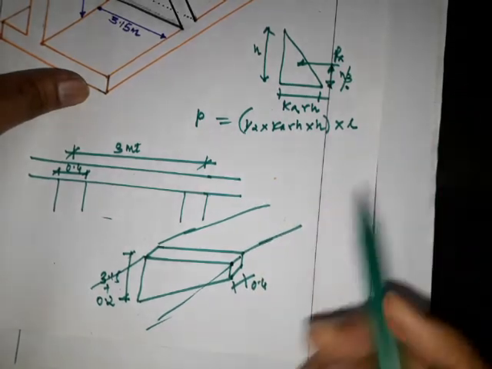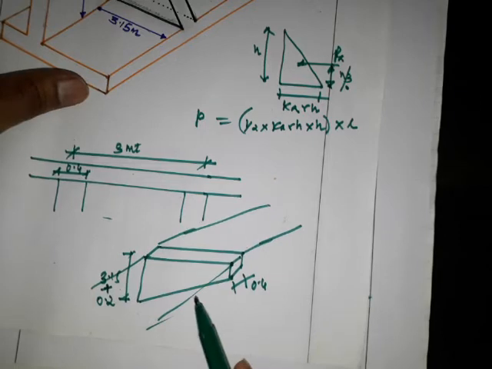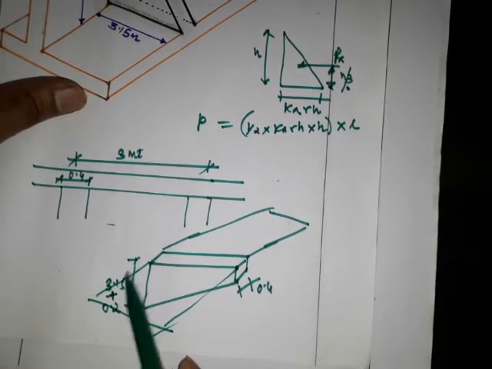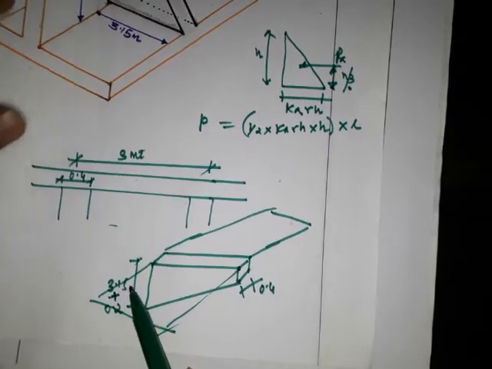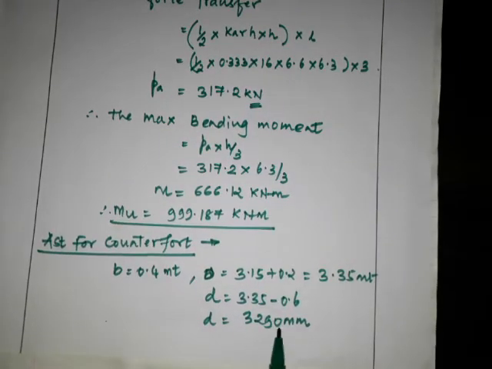Okay, and the soil pressure is like this, so 3.15 plus 0.2 is the depth of the counterfort, that is the D. Okay, so that's why we have considered 3290 mm. Okay, so now we have to find out the AST.